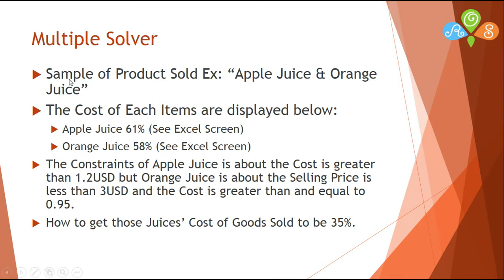First we should have a sample of products sold, for example apple juice and orange juice, and the cost of each item is displayed below. Apple juice 60%, 61%, you can see on the Excel screen, and orange juice 58%. So I show you the Excel screen.